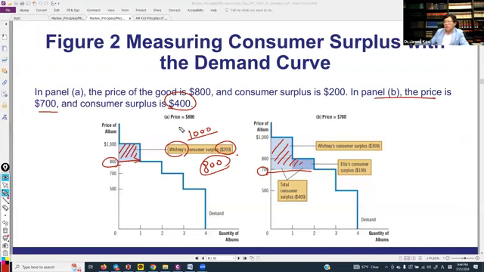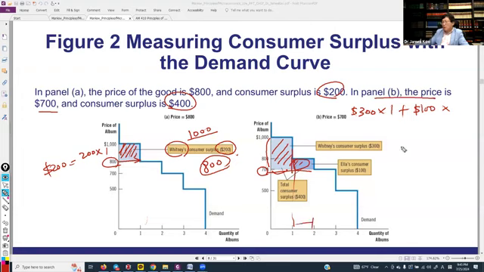The first buyer's surplus is 300, multiplied by 1, plus this area of 100 multiplied by 1, equals 400. This is the surplus measure.